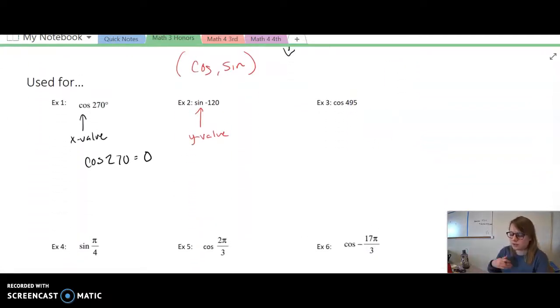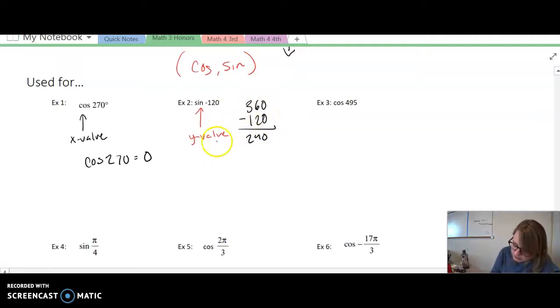Okay, so negative 120 is just another way of saying instead of going counterclockwise, we're going clockwise. Now, instead of just trying to imagine it, we can find the positive version. So what we're going to do is just do 360 minus 120, and 360 minus 120 is 240.